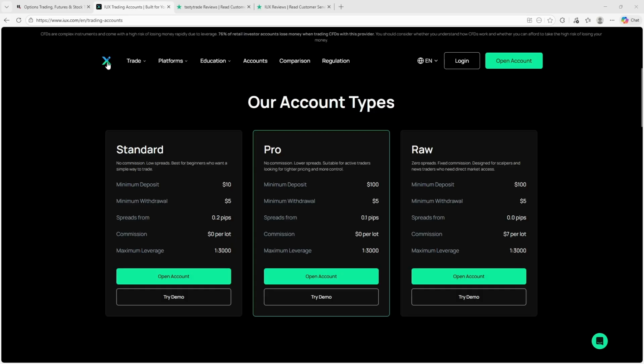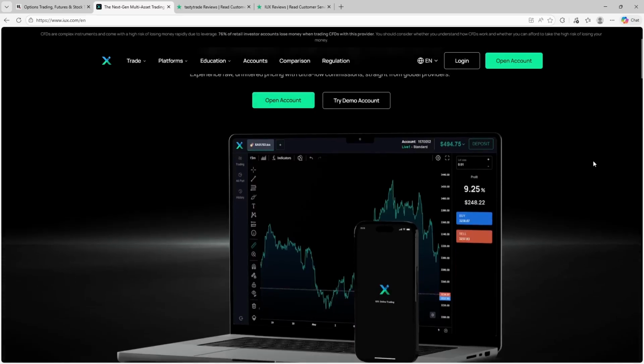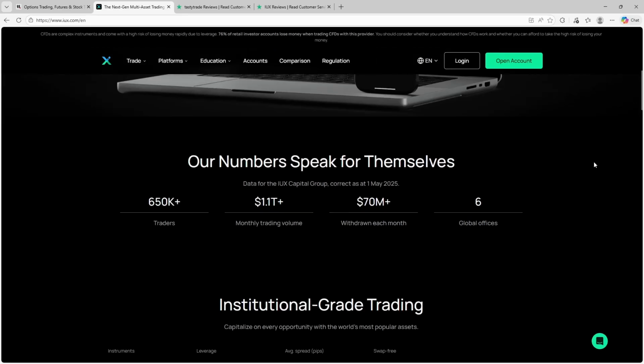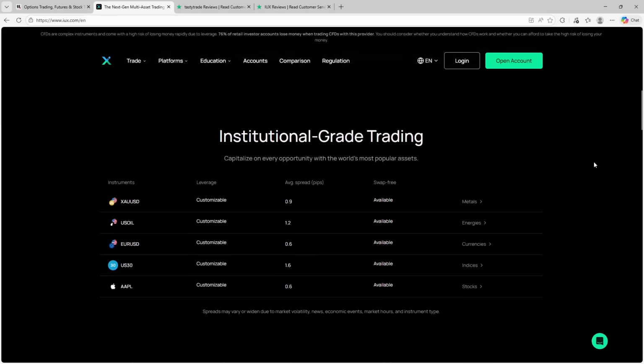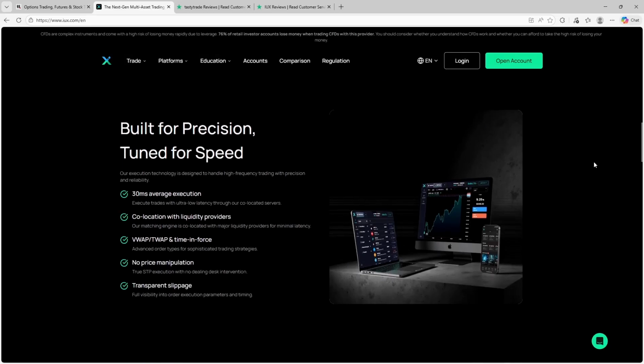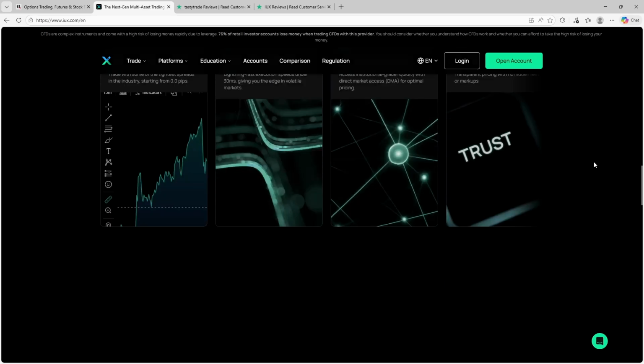Feature-wise, IUX supports popular trading platforms like MetaTrader, which will feel familiar to forex traders coming from other brokers. It offers access to forex pairs, indices, commodities, and CFDs, along with demo accounts for practice and strategy testing. The interface is relatively clean, and deposits and withdrawals are generally fast, which is often highlighted in user feedback.